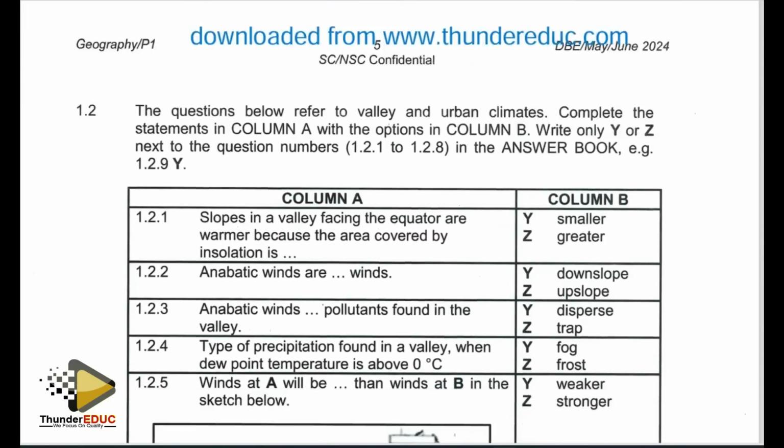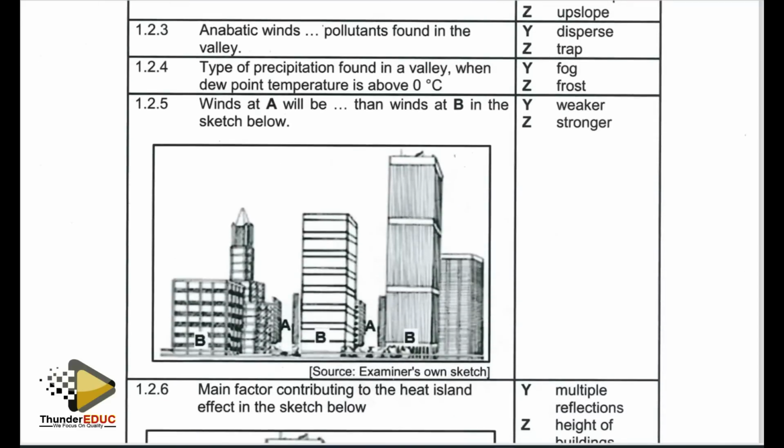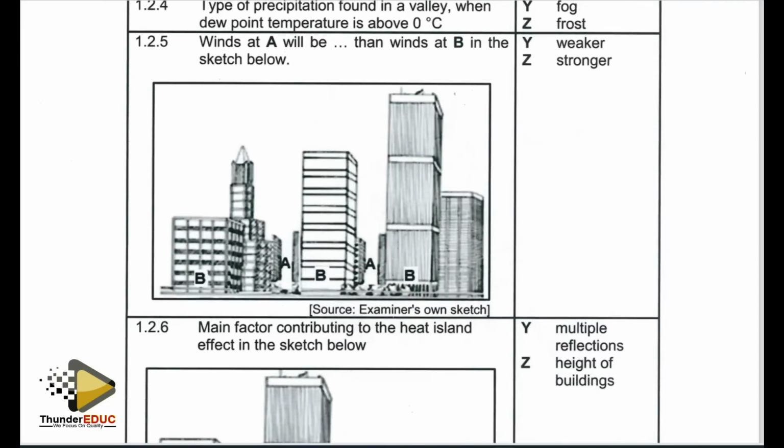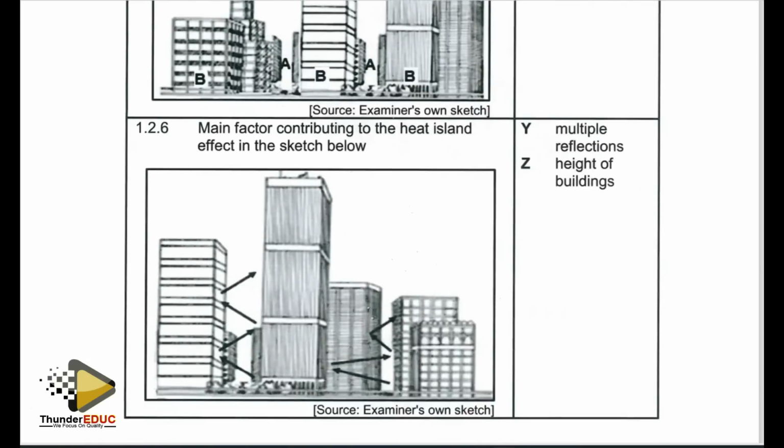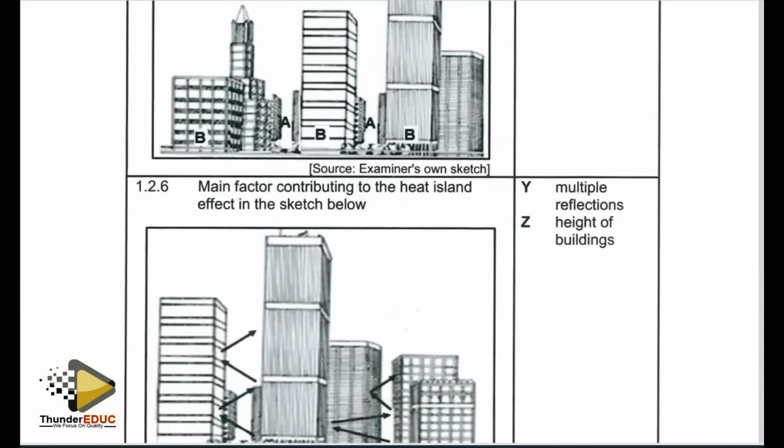Right, that was question number 1.1. Then we proceed to item number 1.2. Basically, it's a question which is based on urban climates. Before you figure out the questions, we need to familiarize ourselves with the concepts of urban climates and how the climate conditions are modified by the urban environment.